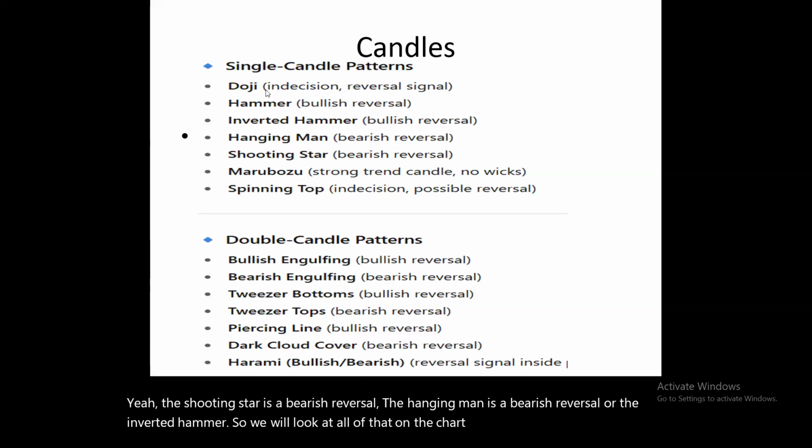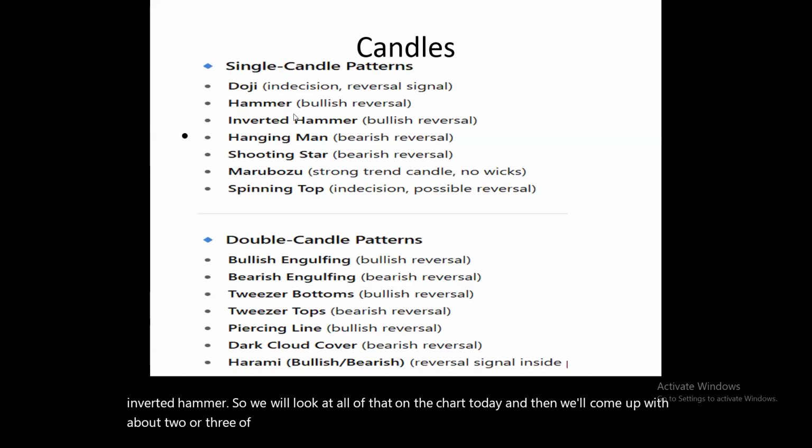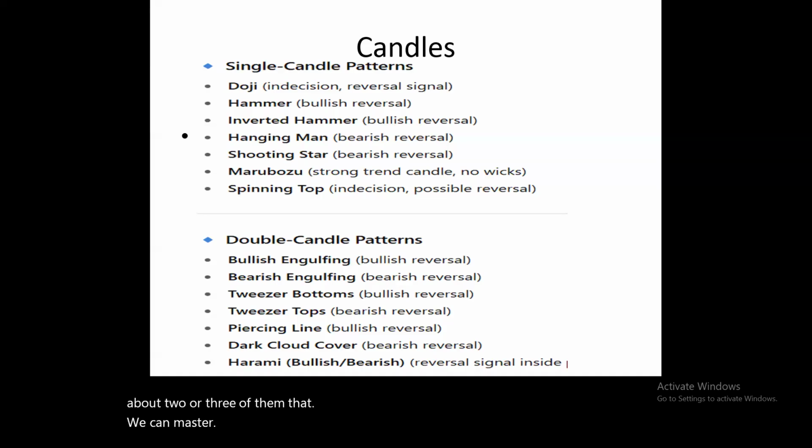Then we'll come up with about two or three of them that we can master, and learn how to trade when we see them. You can know all of them, but you need to master one or two or three that you trust or at least be using to trade.